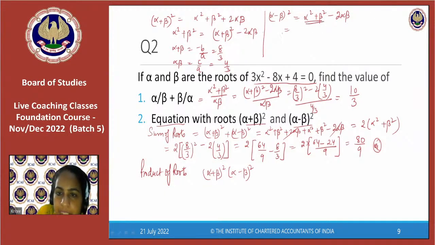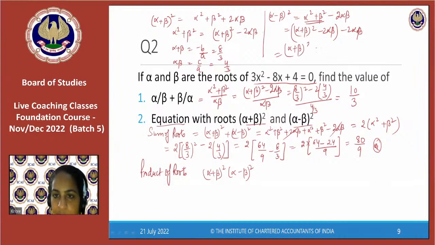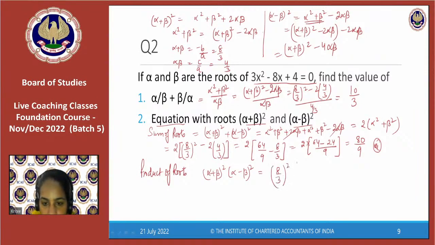Alpha square plus beta square can be rewritten as alpha plus beta whole square minus 2 alpha beta, minus 2 alpha beta. So alpha minus beta the whole square is nothing but alpha plus beta whole square minus 4 alpha beta. So we will write it this way: alpha plus beta whole square, that is 8 by 3 whole square.